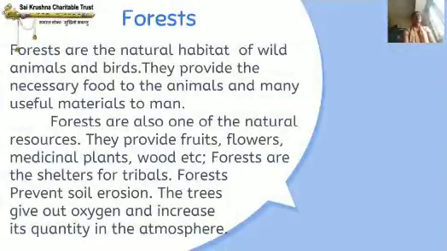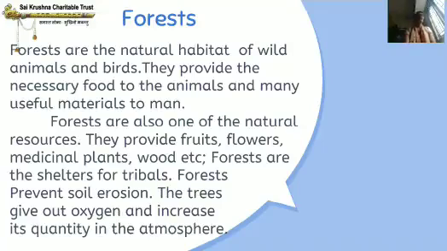The forests are the natural habitat of wild animals and birds. So forests give shelter for wild animals and birds, and they provide the necessary food and water to the animals and many useful materials to man.